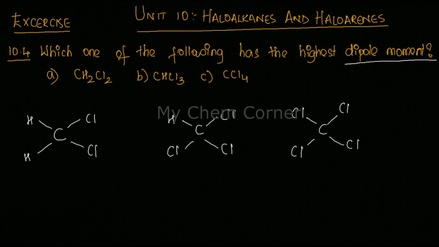So here when you see, each of these compounds will have chlorine atoms. The first one has 2 chlorine atoms, this has 3 chlorine atoms, and this has 4 chlorine atoms. Now when you say carbon and hydrogen, between both of these, carbon is more electronegative. But when you compare carbon and chlorine atom, chlorine is more electronegative.